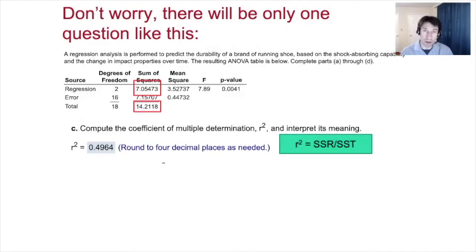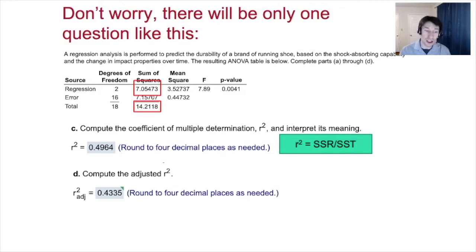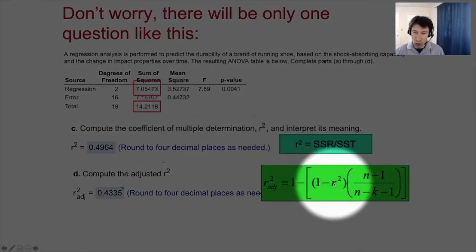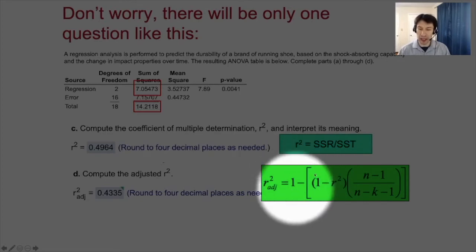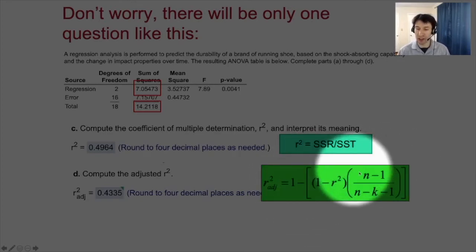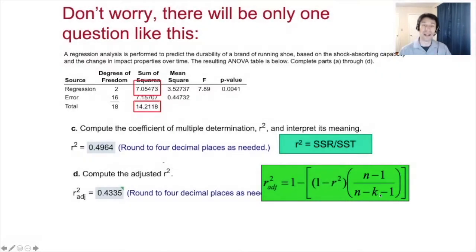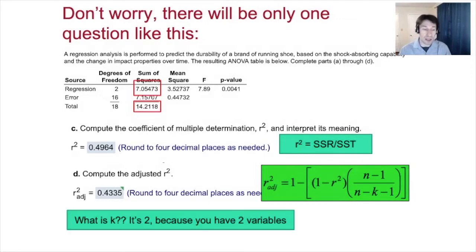Now, the problem is when they ask you to do the adjusted R-squared, and that one is a little bit harder. It is this, but you just computed R-squared, so you can just plug this in here, and then all you have to do is add in all of these calculations. 1 minus all of this thing, you compute n minus 1, you compute n minus k minus 1. If you're worried that you don't know what n and k might be, what is k?